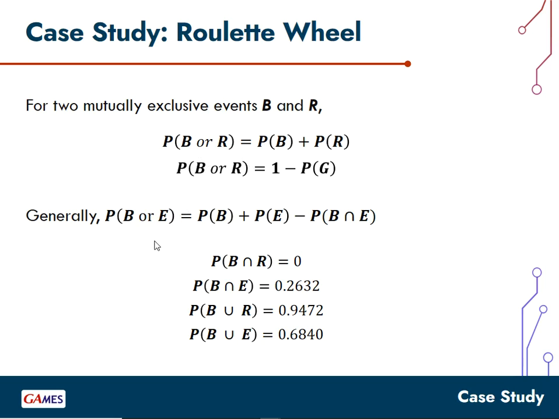But you can also have inclusive or intersecting events, such as the event black or even. When you're checking the probability of a black or even, it's not enough to just add the two, because you're going to get repeated, duplicate elements inside. So the goal is to remove the duplicate elements, which is why we remove the intersection of B and E. The intersection of B and E is that area in the set where you have common elements between the two.